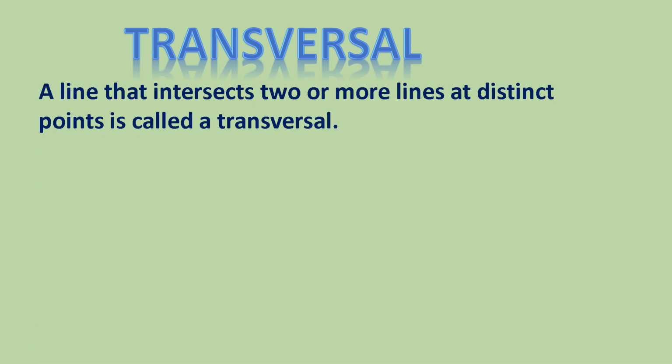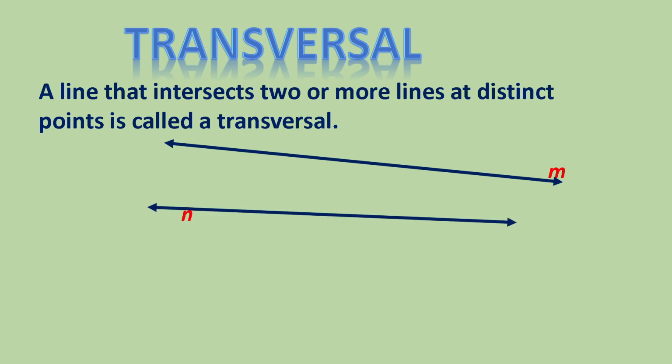So what is a transversal? A transversal is a line which intersects more than one line at distinct points. Here these are the lines which are intersected by another line L, which is called a transversal because it is intersecting both lines at distinct points.